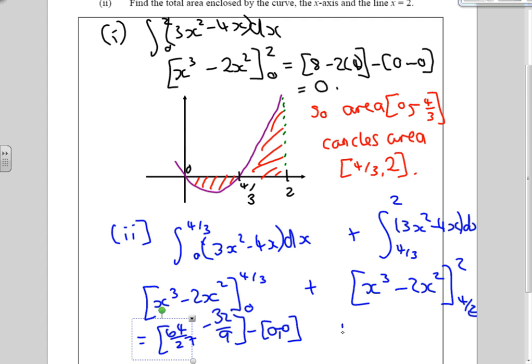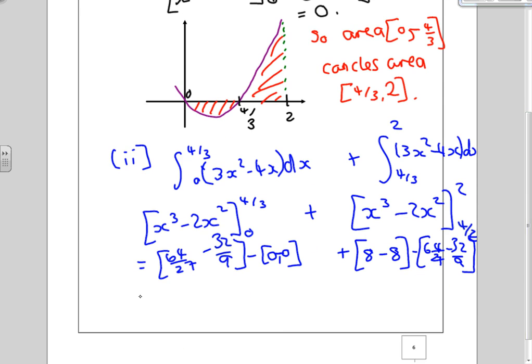And then I'm adding on the evaluation of this one, which is 2 cubed, which is 8, minus 2 lots of 2 squared, which is 8, minus 4 over 3 cubed, which is 64 over 27, minus 32 over 9.